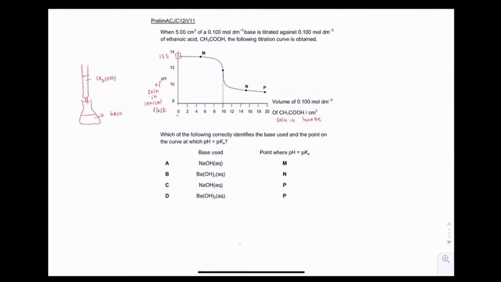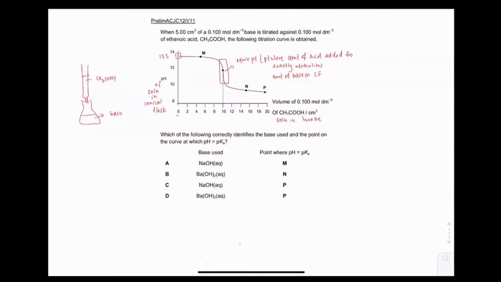Over here, I want to highlight this part, which is the region of rapid pH change. The middle of the region of rapid pH change is known as the equivalence point. The equivalence point is a point where the amount of acid added exactly neutralizes the amount of base in the conical flask.